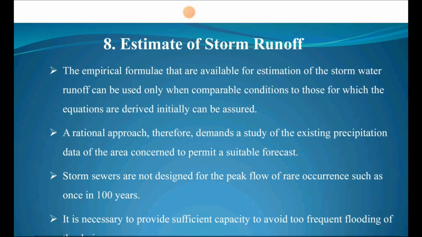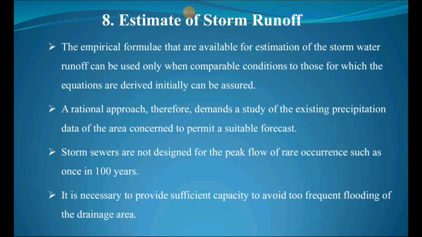Then we are going to discuss the estimate of storm runoff. That is the third part of sewage. The empirical formulas that are available for estimation of the storm water runoff can be used only when conditions comparable to those for which the equations were derived initially can be assured.